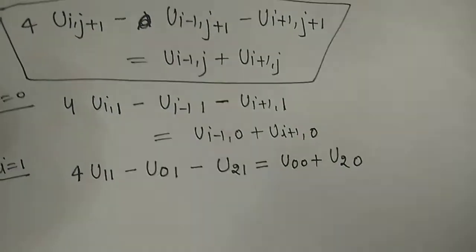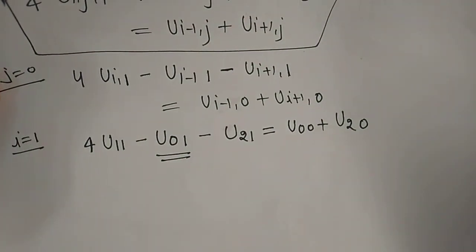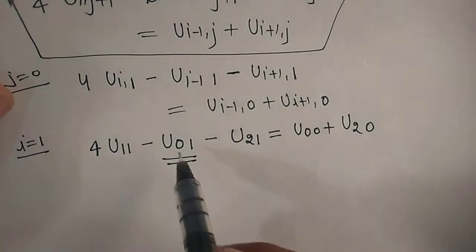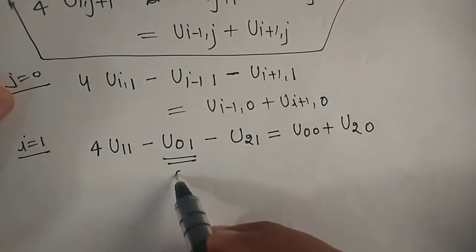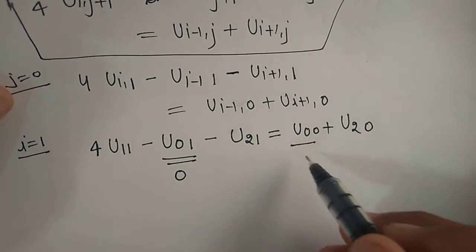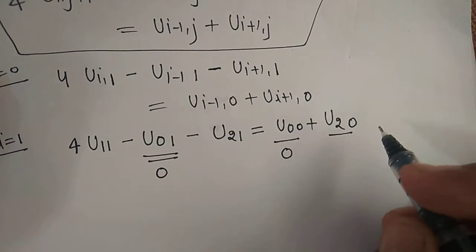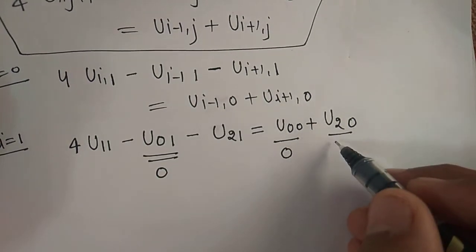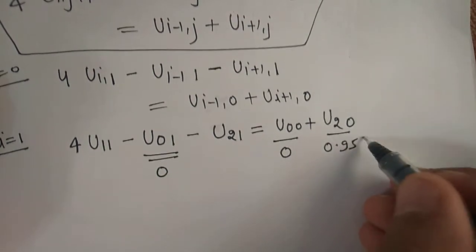So here u01 means 0. So x equal to 0, this is the y-axis time level, this is 0 here, and u00 is 0, and u20 means sine 0.4 pi, for that we have 0.9510.